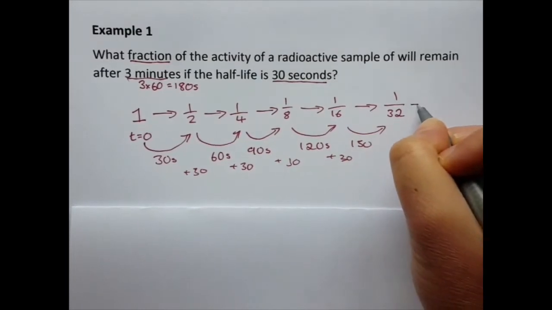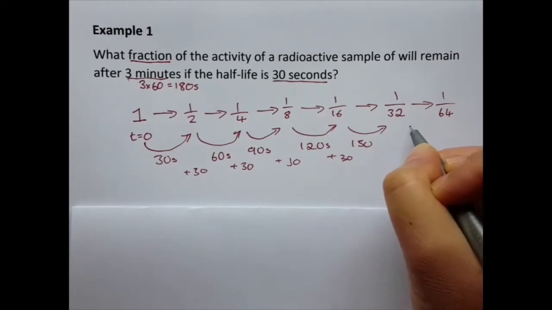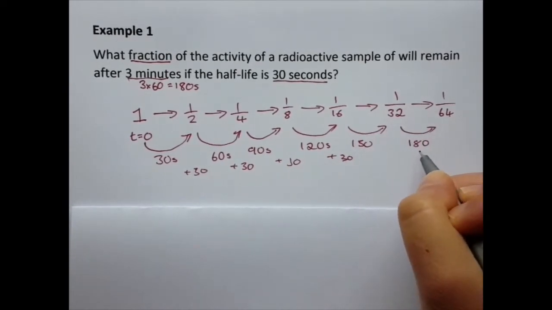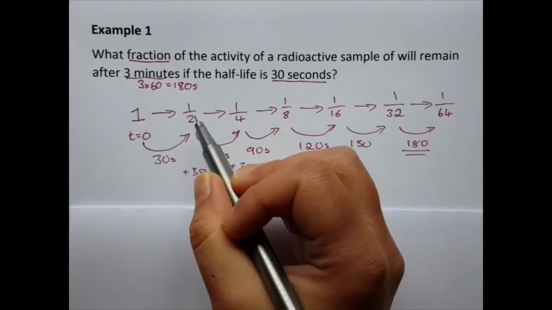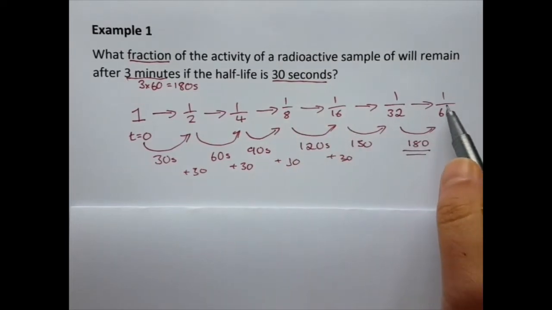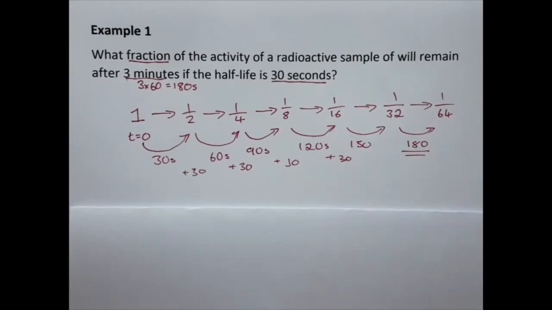And then 1/32 becomes 1/64. And then that is when we finally get to our 180 seconds. So after 30 seconds it's half, 60 quarter, etc, etc. And then after 180 seconds we get to 1/64 of the original activity.